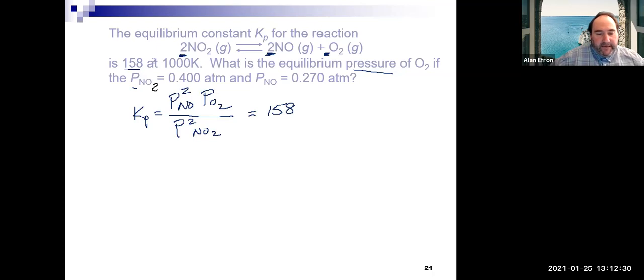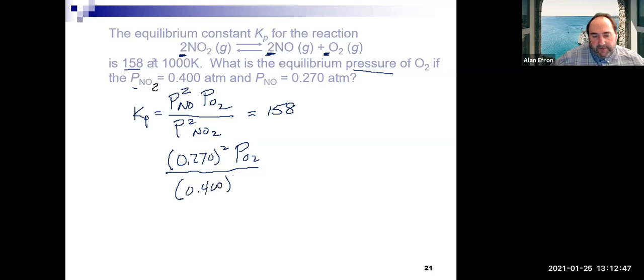Now that we know which one's which, we could actually put it in. So our NO, which is 0.270 squared, times the partial pressure of O2, would be divided by our 0.4, also going to square it, equals 158. Mathematically, we're going to multiply that to the right-hand side. We're going to divide by the 0.27 squared.